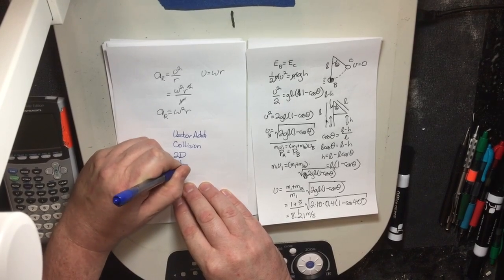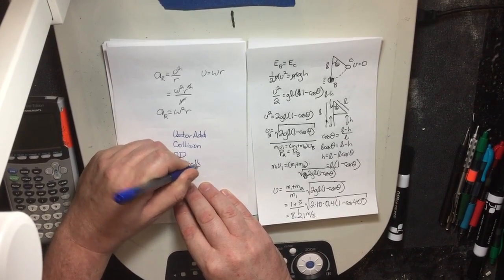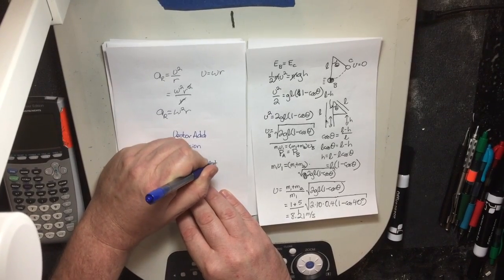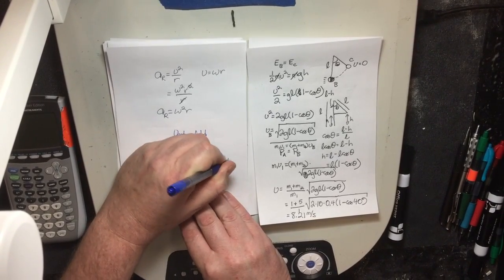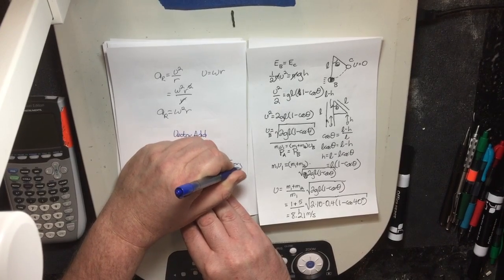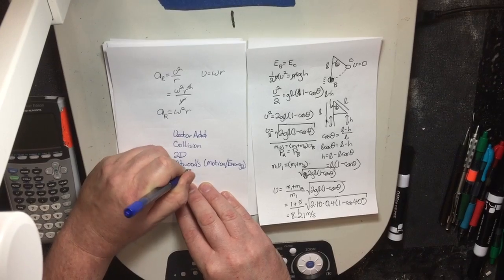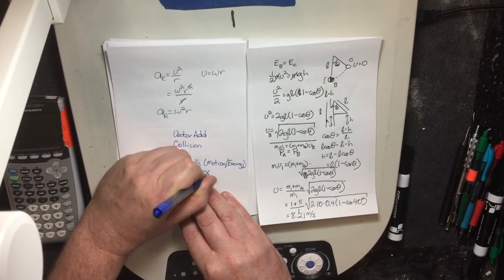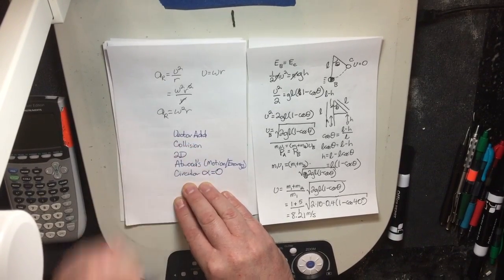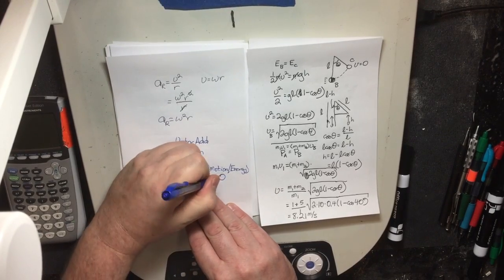Atwoods. Oh, the one thing that I will say: alpha equals 0.